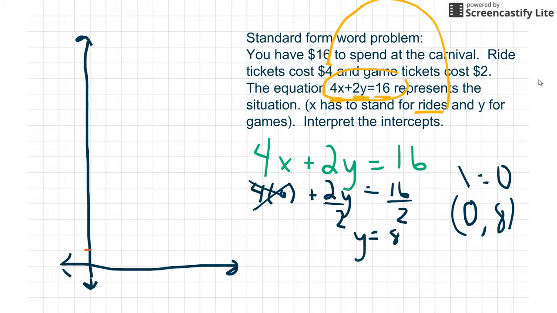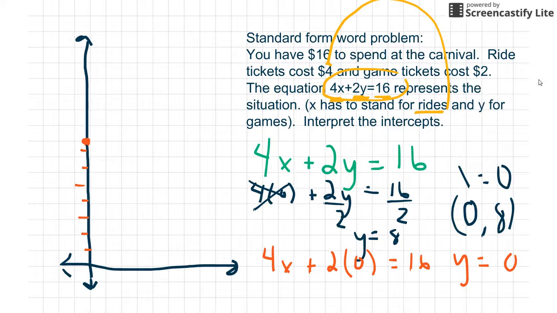So 4 times 0 plus 2y equals 16. Well, 4 times 0 is gone. So divide by 2, y has to be 8. So 0, 8. So I'm going to go graph over here, 0, 8: 1, 2, 3, 4, 5, 6, 7, 8. So 0, 8, I'm going to graph. And that means something. I don't know yet, but it stands for something.